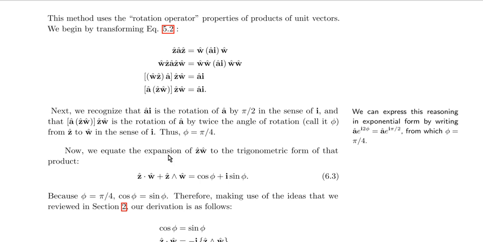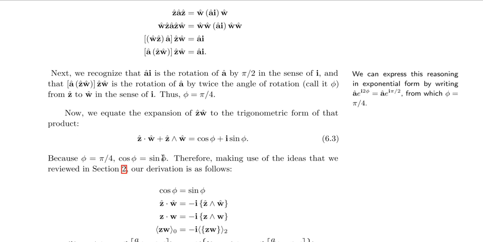And again, this is easier to follow in the PDF. So phi is pi over 4, and we equate the expansion of Ẑ Ŵ to the trigonometric form, and we see that Ẑ Ŵ is cosine phi plus I sine phi. For the angle phi, cosine phi and sine phi are equal, of course.